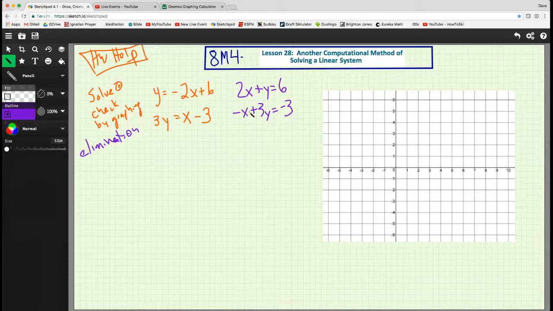Now it's set up to solve by, sorry, not substitution, elimination. We can't eliminate these terms, nor can we eliminate these. But we can multiply the bottom one by 2. So I'm going to rewrite the top one, and multiply the bottom one by 2.